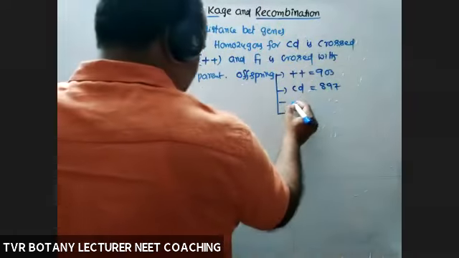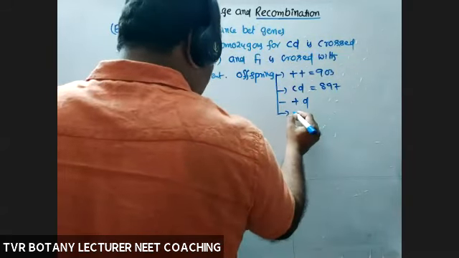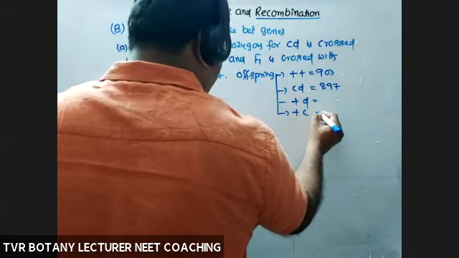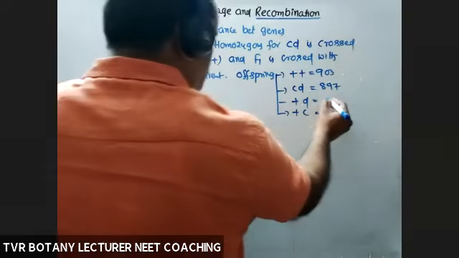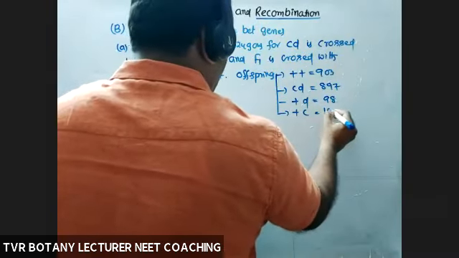Next, recombinants, plus D, plus C. These two are recombinants. Plus D, or you may use a D plus also. 98, 102.